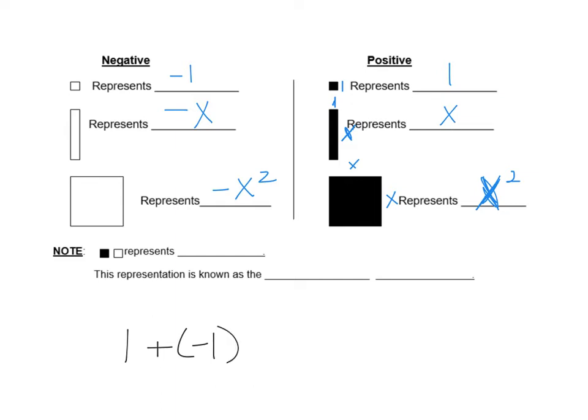Well, that's the same thing as writing 1 minus 1. Both of them are going to equal 0. So if you have a pair like that, a black and a white one, the black one representing positive, the white one representing negative, then it's going to represent the value 0. And this representation is known as a zero pair.